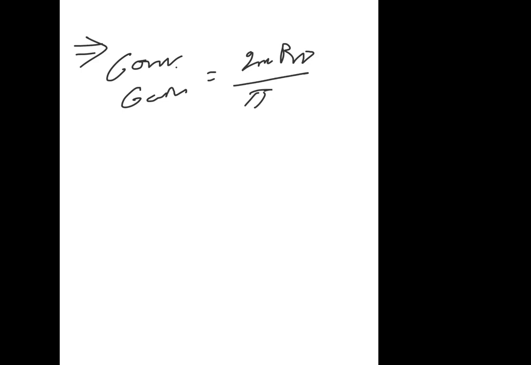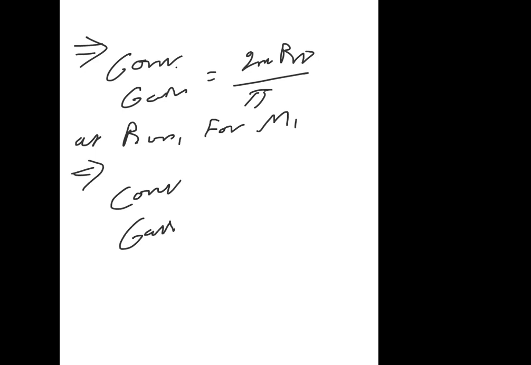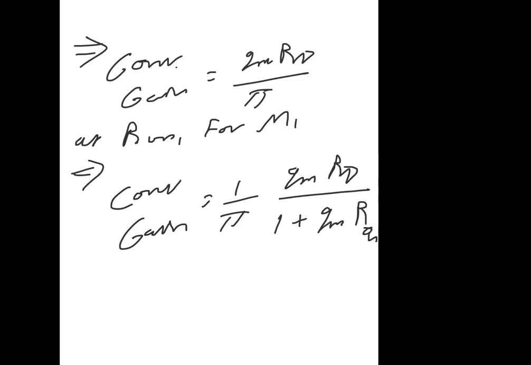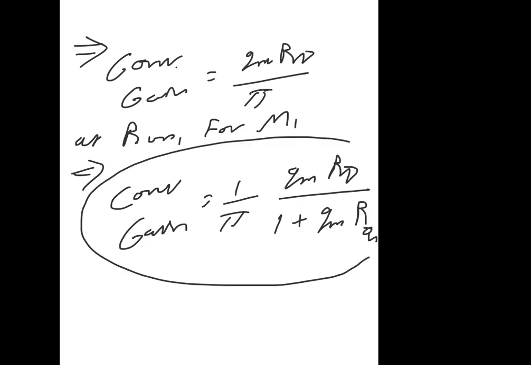Now the conversion gain at R on for M1 is equal to 1 over pi times GM times RD over 1 plus GM times R on. Okay, so this is what happens for the signal.